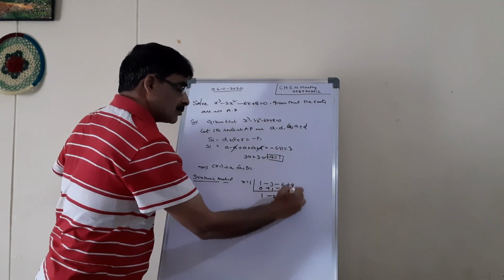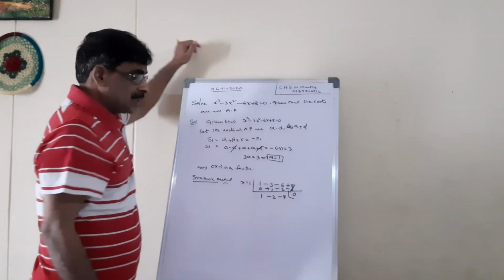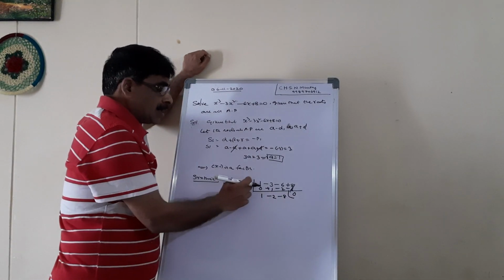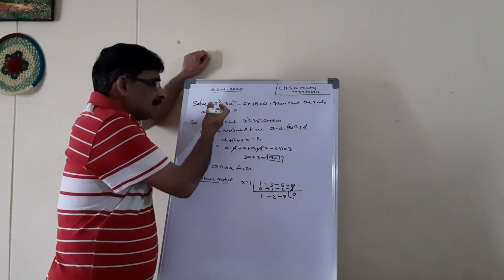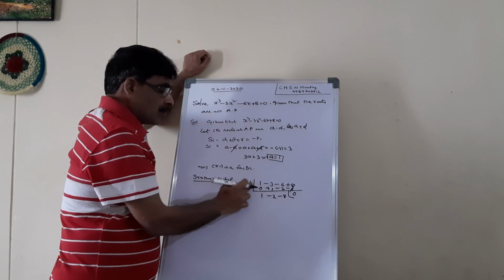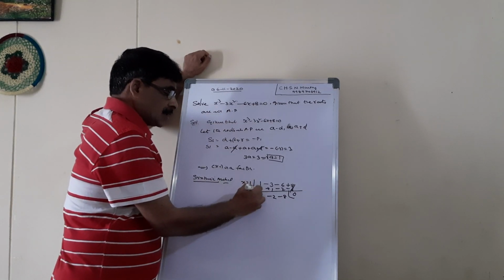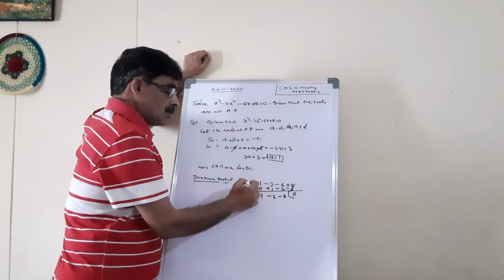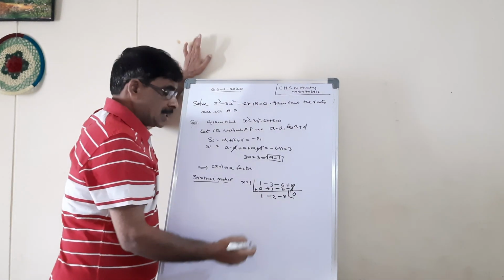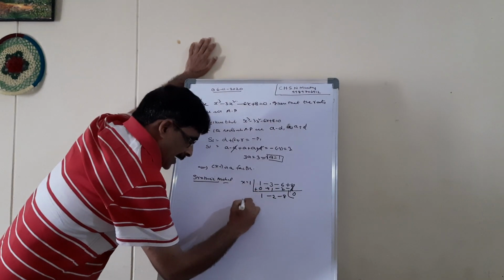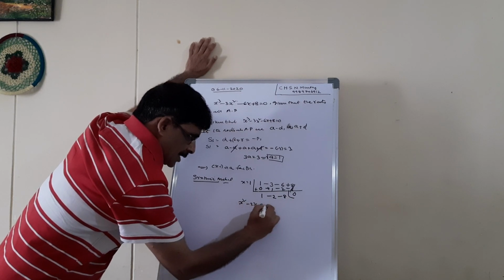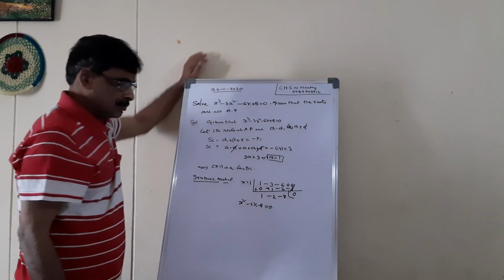You know the procedure. The remainder is 0. Adding, 1, 1s are 1, minus 2. You know this procedure. So the remaining is x square minus 2x minus 8 equal to 0.